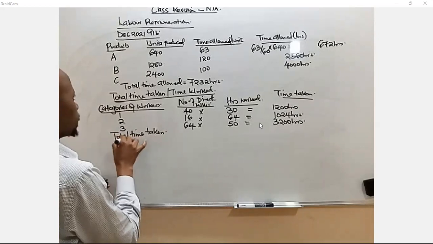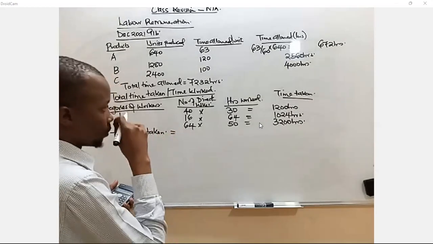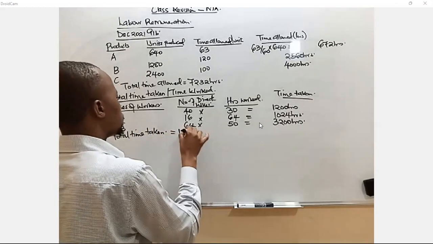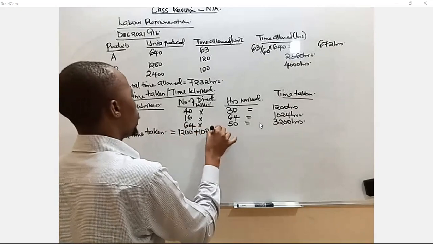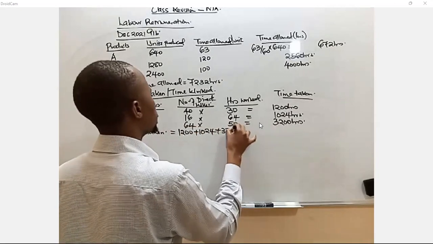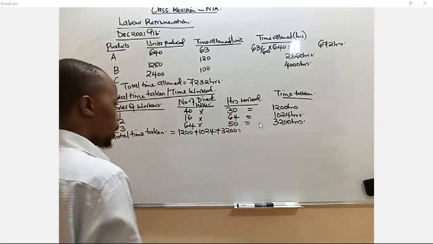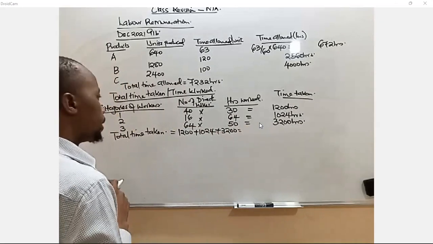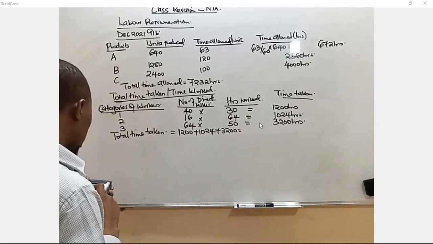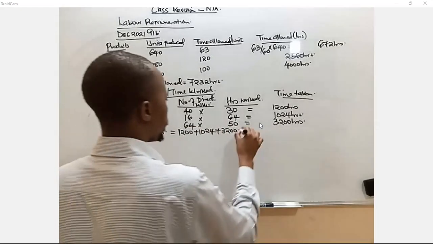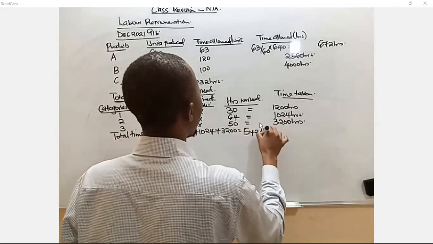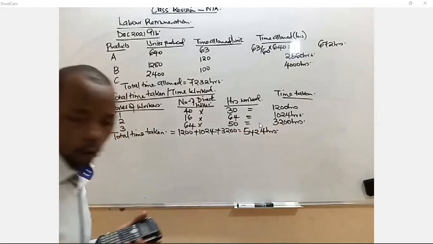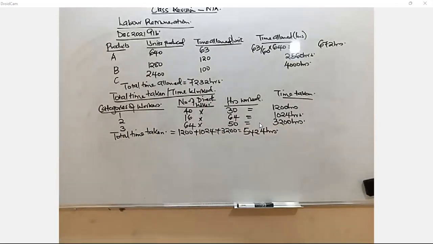The total time taken will be 1,200 plus 1024 plus 200. We are getting 5424 hours.